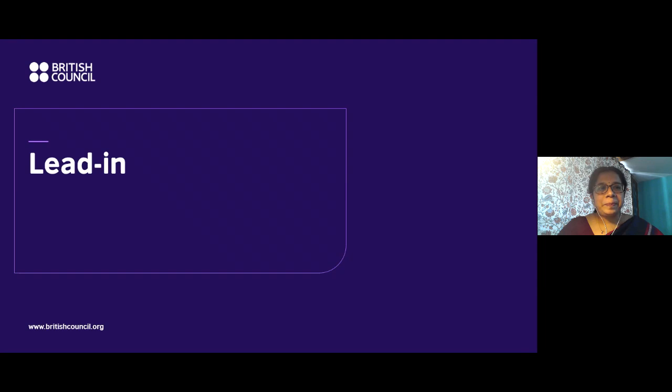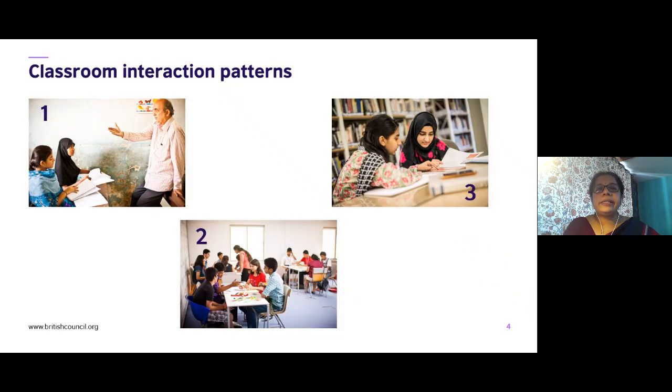So let's begin. On the screen here are some images. These are images of the dominant classroom interaction patterns that we see in our classrooms. Can you identify some of these?